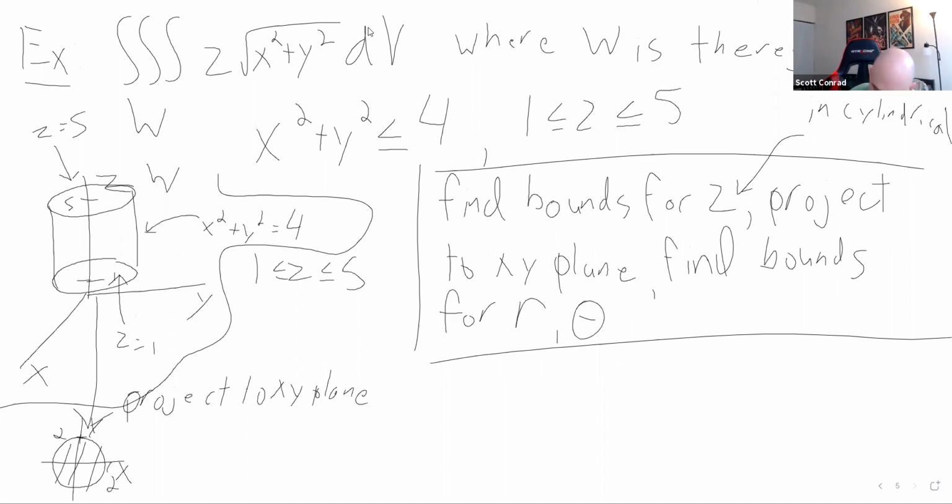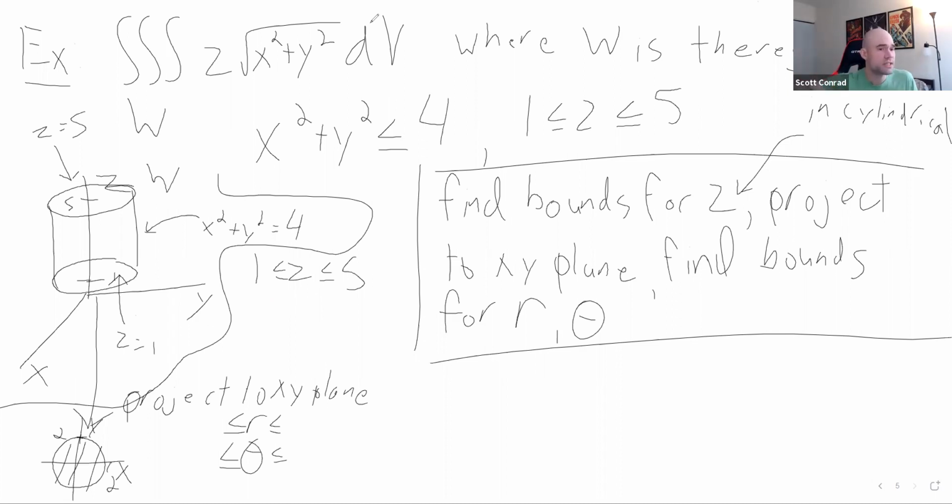And so let me draw this down here. So for this region in polar, r is going to go from what to what?